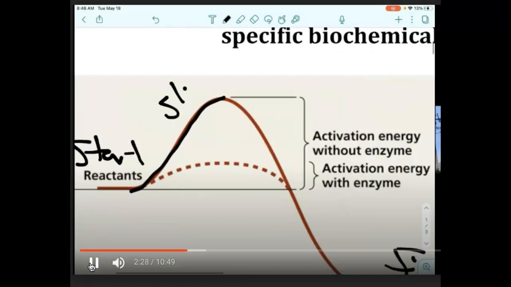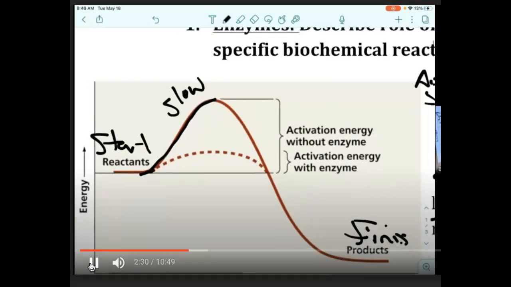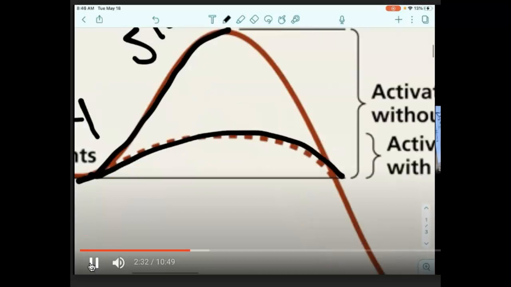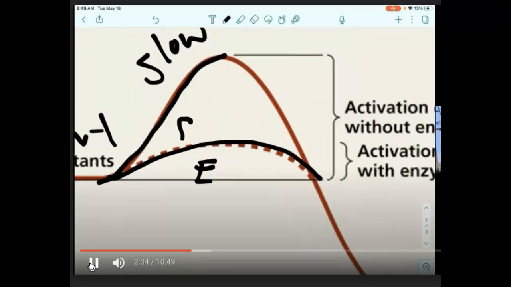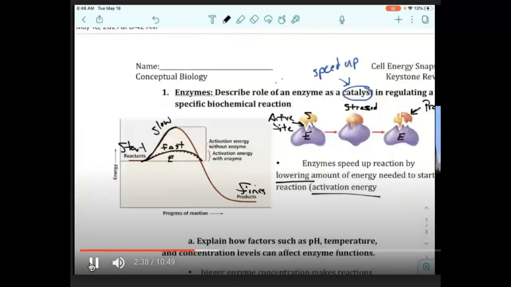It's going to take a while. But if we can take a shortcut with the enzyme, this is fast. And we get to the finish line faster. And so that's what enzymes do for us. They stress our substrates so that we can get from the start to the finish of the reaction very quickly.